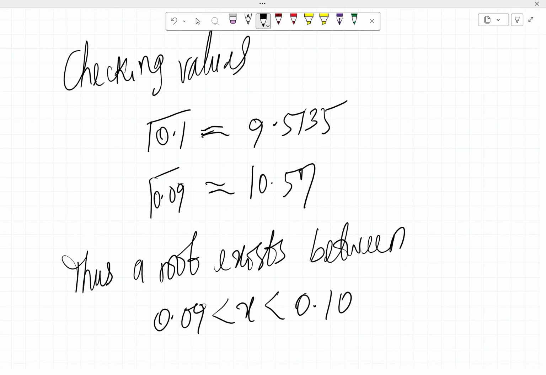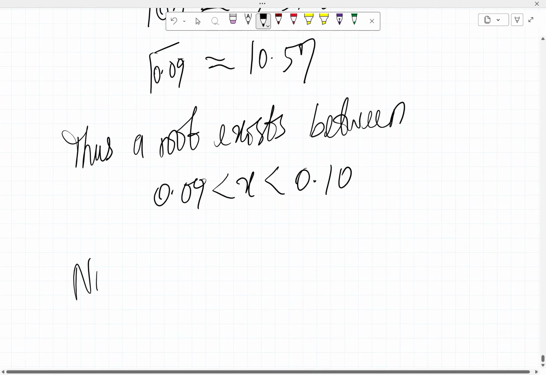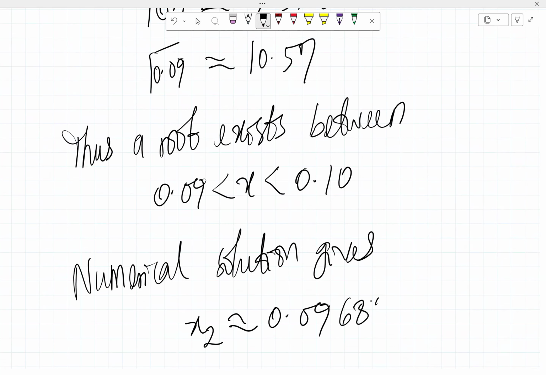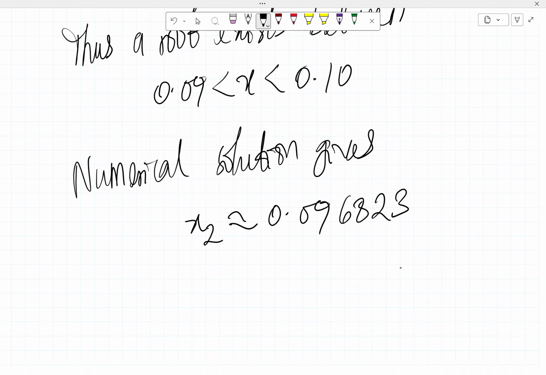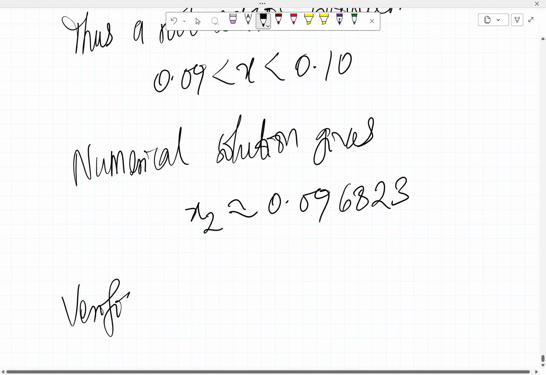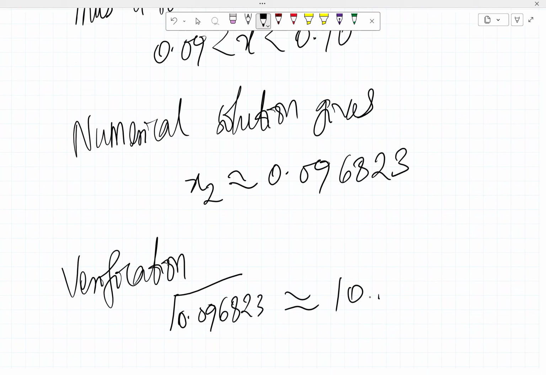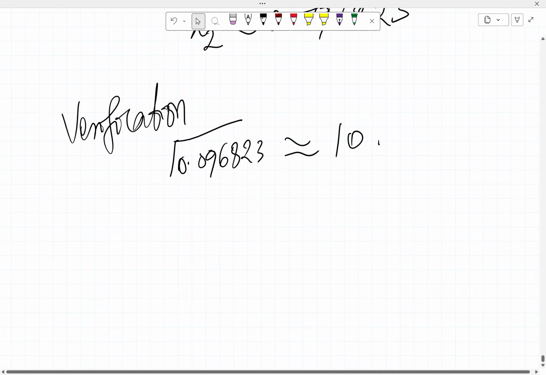A numerical solution gives x2, which is approximately 0.096823. To verify that, if you check gamma 0.096823, that's approximately 10. So that's another solution right there.